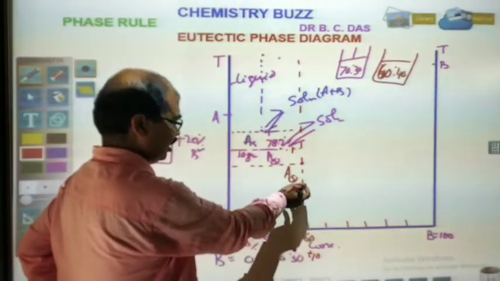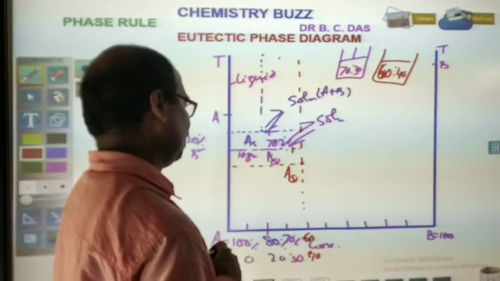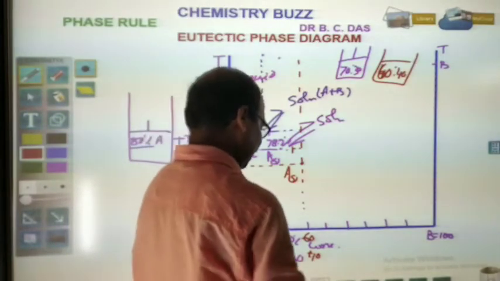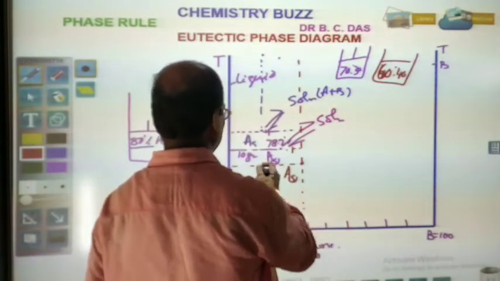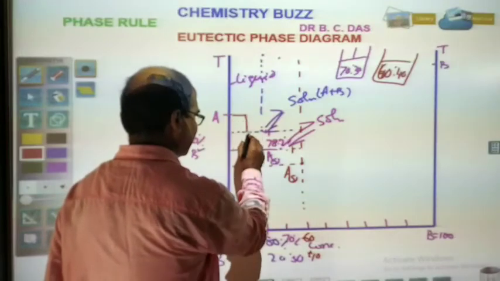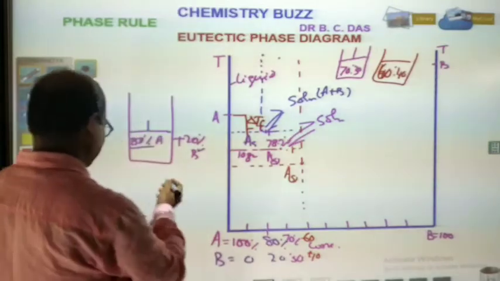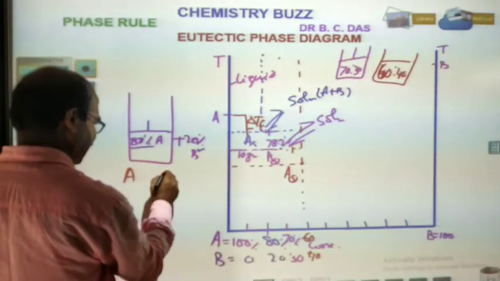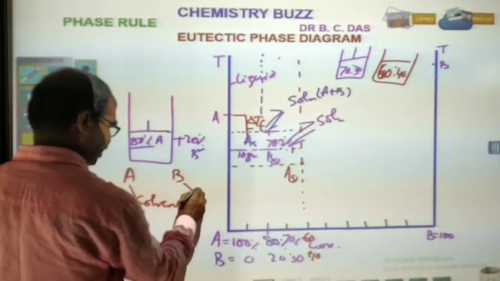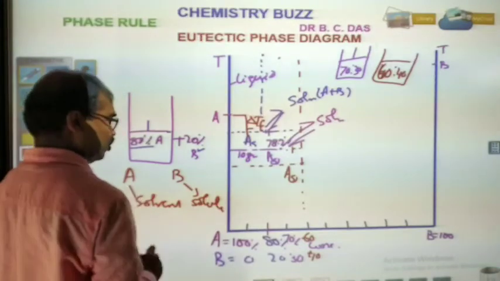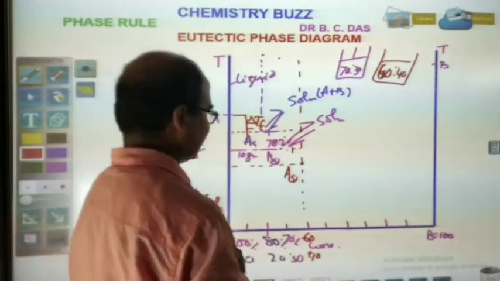So we see that there is a gradual decrease in freezing point, and the continuous separation of A from the solution is also taking place. So this difference is your delta T A according to the colligative property, and we are taking the two components A and B, where A is the solvent and B is the solute. So the solute percentage increases, the solute mole fraction increases.